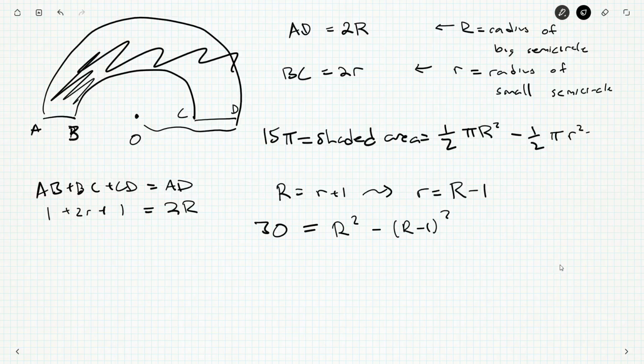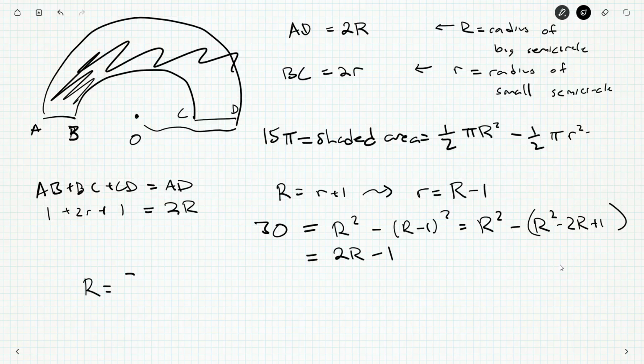So that's capital R squared minus capital R squared minus 2R plus 1. So the capital R squared terms cancel out. We're left with negative of negative, so 2R minus 1. R is going to be 31 over 2. And therefore 2R, which is equal to AD, is going to be 31.